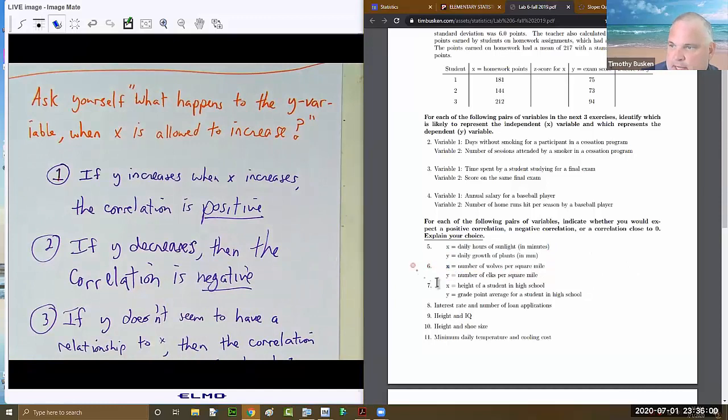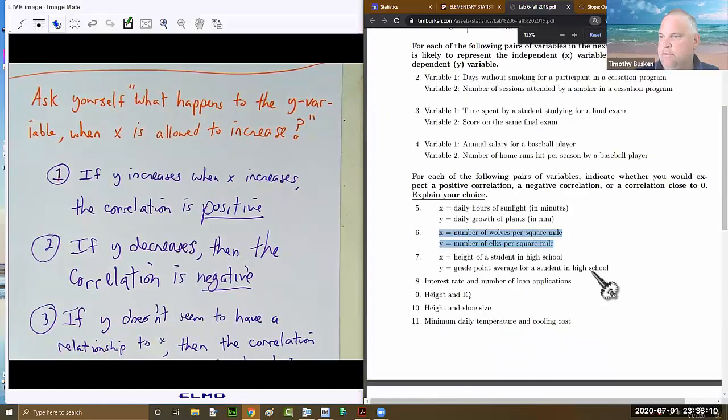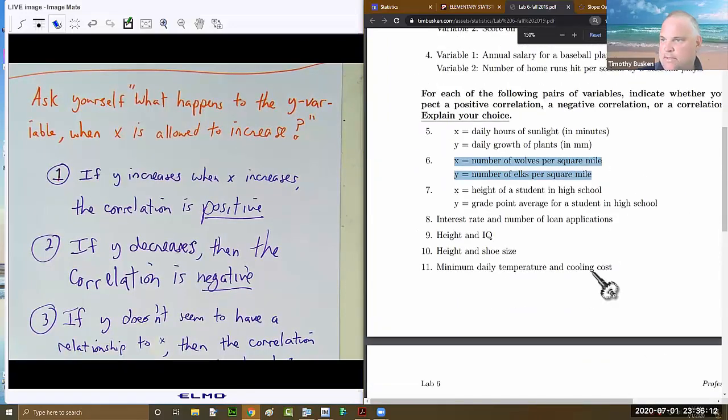And taking a look at number 6 here, X is the number of wolves per square mile, and Y is the number of elks per square mile. And so we're going to ask ourselves, what happens to the number of elks when the number of wolves per mile increases? If you increase the number of wolves, then the population of elks will probably start to decrease.